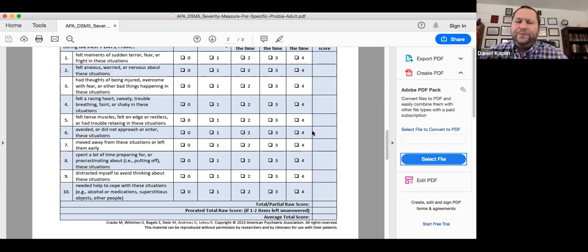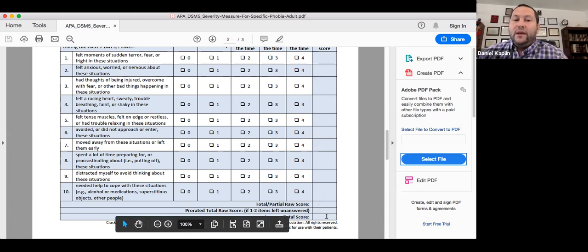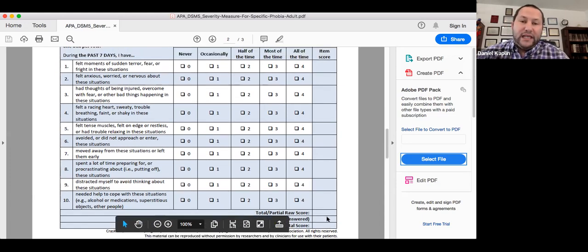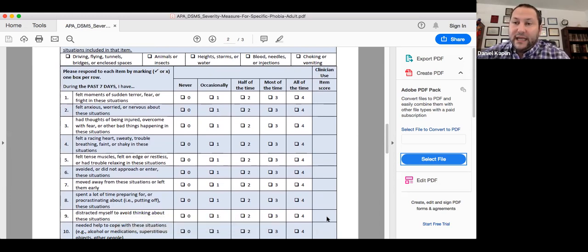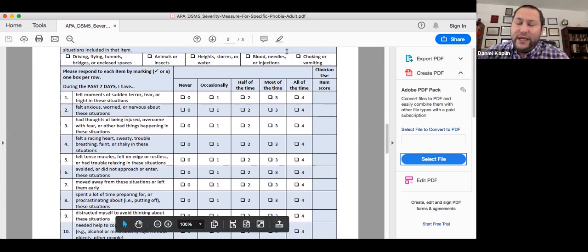So let's assume that they answered all of the questions and they got a total raw score of 20, but they answered all 10 questions. So 20 divided by 10 would be 2. And that would be our measure. And then the higher the average, the more severe or the more debilitating this phobia is for them. And that's the screening instrument.